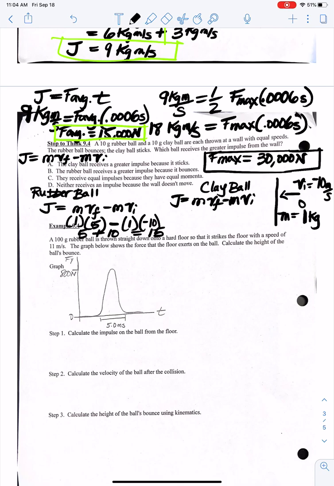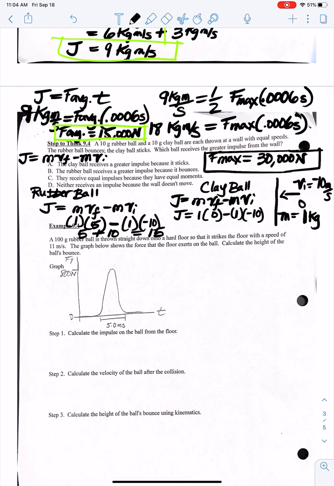All right, for the clay ball, it's going to be J equals 1 times VF, which will be 0 because it doesn't bounce, minus 1 times VI, which is negative 10. So 1 times negative 10 is negative 10, and then minus negative 10 would be a positive 10.